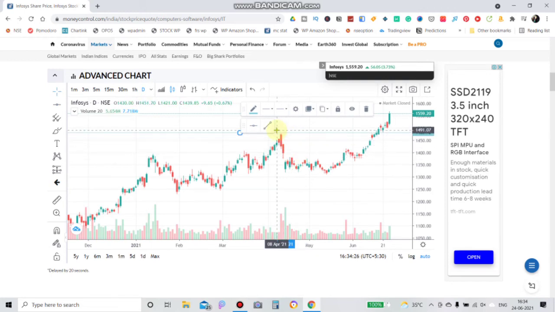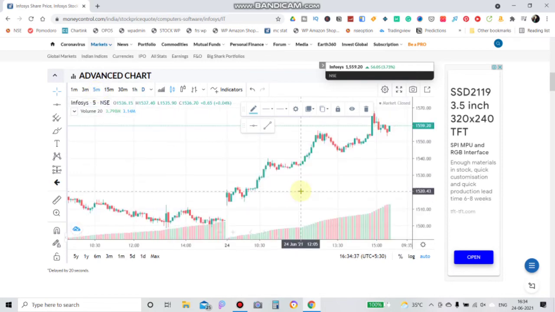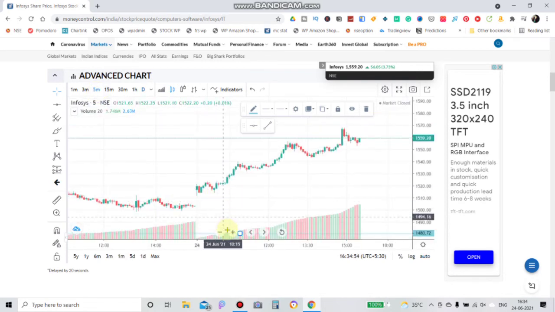This stock could have been selected for intraday trading today. So depending on the larger time frame price action, choose the stock. It has broken it over here, as you can see the blue line.